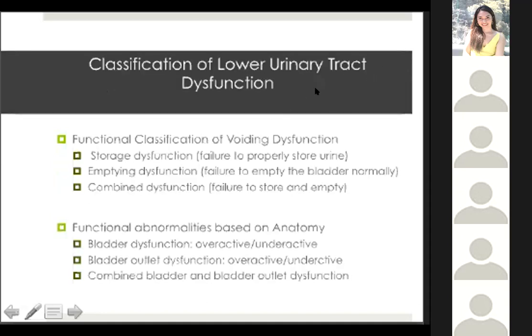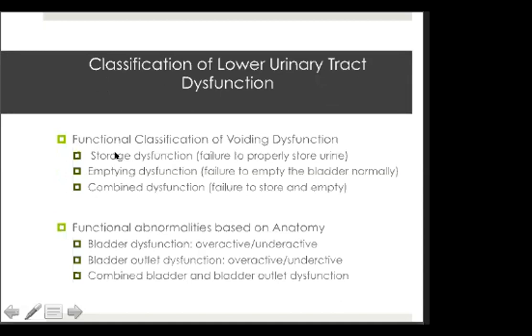So for the classification of lower urinary tract dysfunction, it is the most important concept to understand when trying to set up or conduct a urodynamics. For the storage dysfunction, we can diagnose if the patient has a failure to properly store the urine.